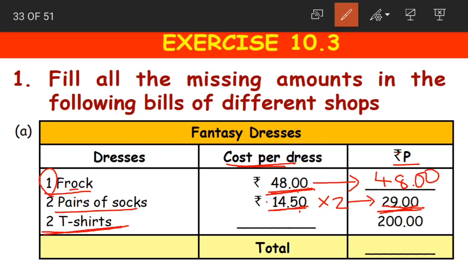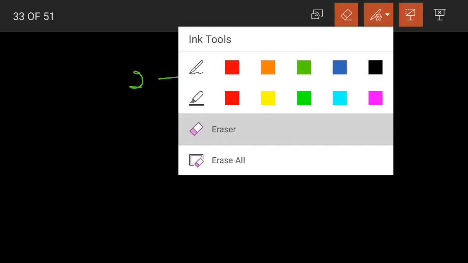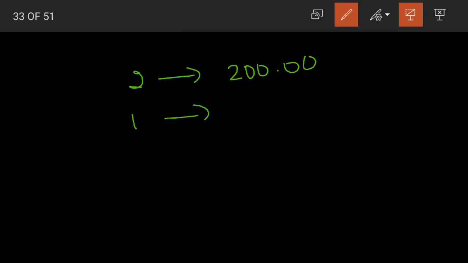Then we have bought two t-shirts. The cost per t-shirt is not given, but the total rate of two t-shirts is given. See, two t-shirts cost 200 rupees. Then how much does one t-shirt cost, children? How can we know? Yes, we need to divide 200 by 2. 2 ones are 2.